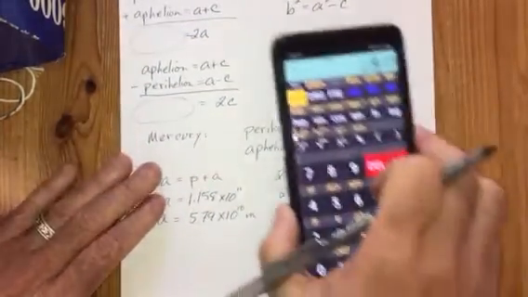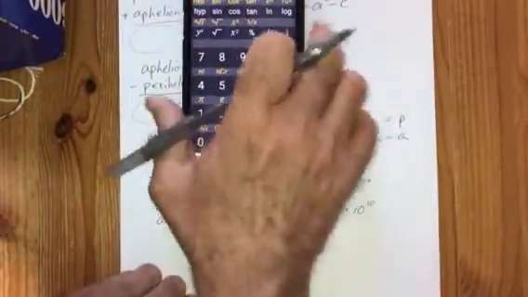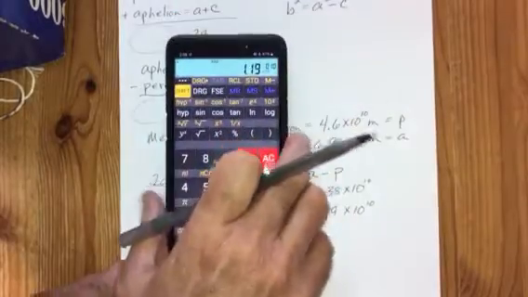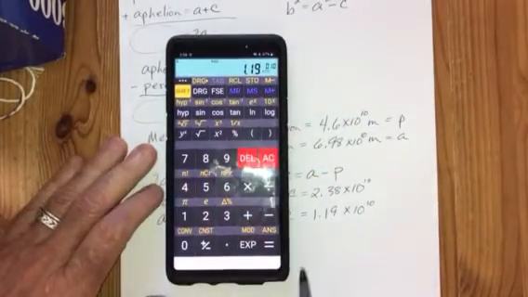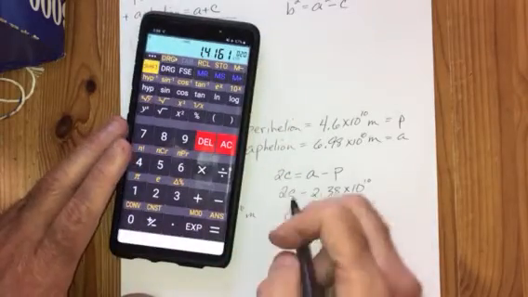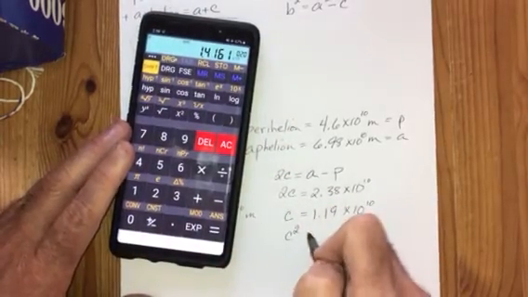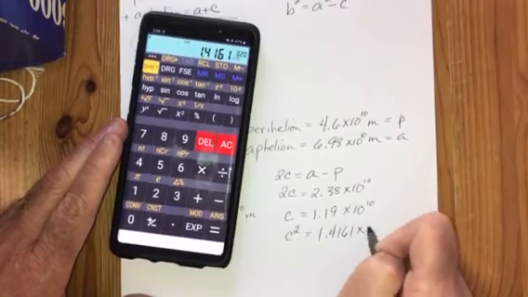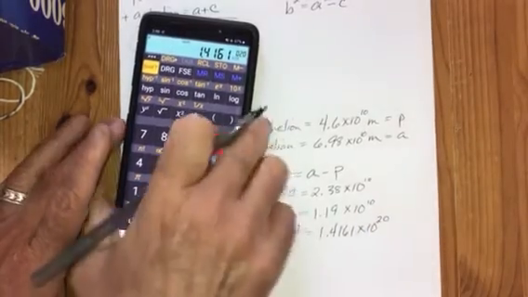Now, another thing that we're going to need for each of these quantities is we need to know what they are squared. So let's start with c squared, since we have that number already on our calculator. We square that, and we find out that c squared is equal to 1.4161 times 10 to the 20th power.